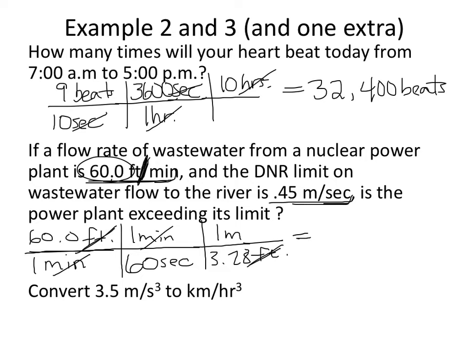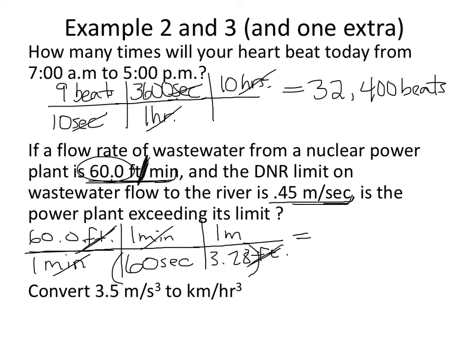Now, I will note that your calculator does get a little confused if you go 60 on the top and then you hit divided by 60 times 3.28, it will do it wrong unless you put these two things in parentheses. So if you go 60.0 divided by parentheses 60 times 3.28, you'll be fine. Or if you do them individually, if you go 60 divided by 60, hit enter and then divide by 3.28.